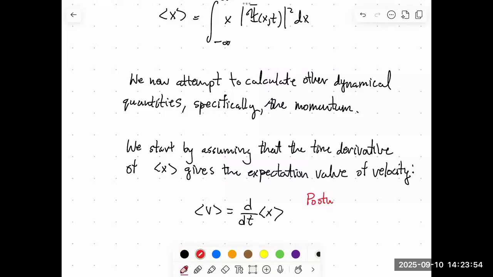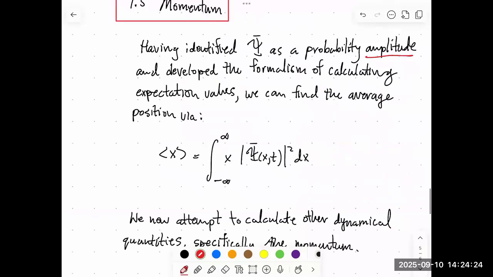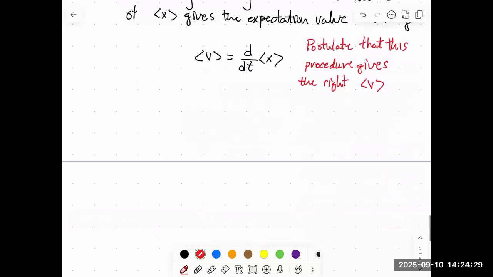We postulate that this procedure gives the right expectation value for V. Okay, so for the expectation value of x, we're going to have to use this expression.